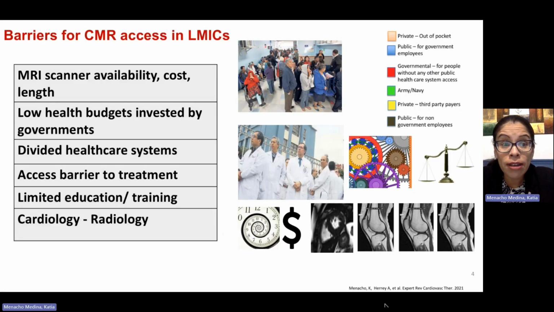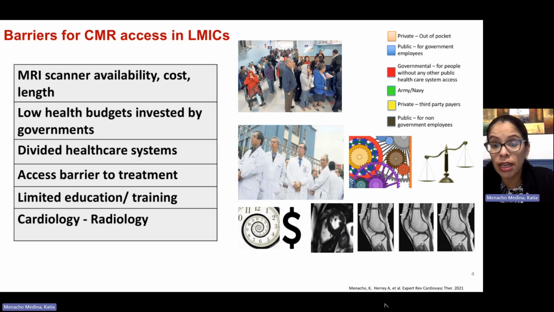There are several barriers that can affect access to this technology in low and middle income countries. Some examples: first, the acquisition of the MRI machine by the hospital is usually costly equipment, and once you establish the unit, you will have to use this machine for other organs.